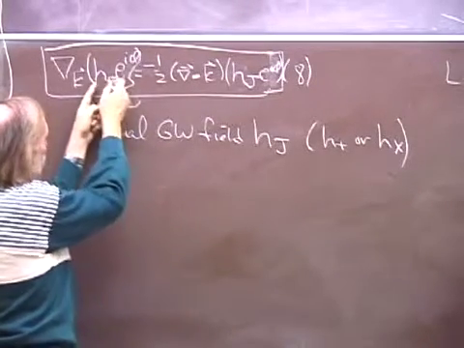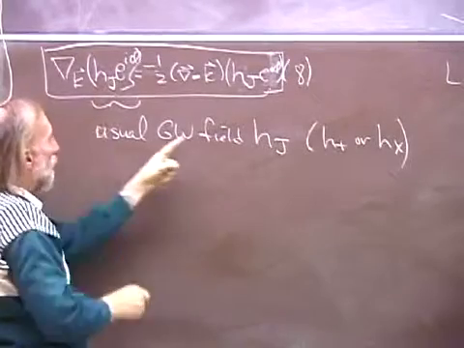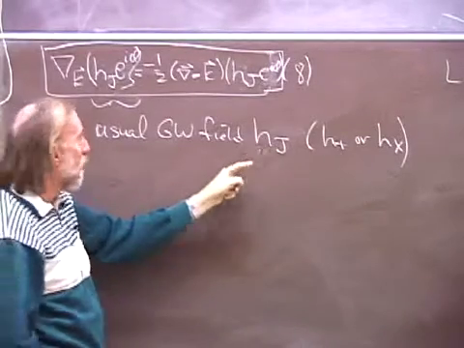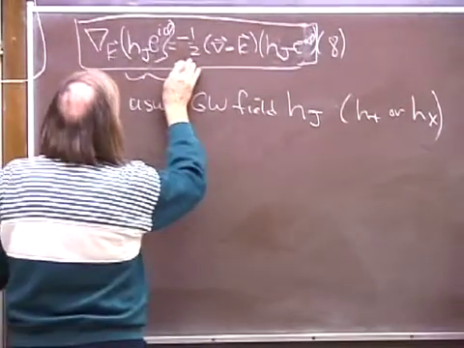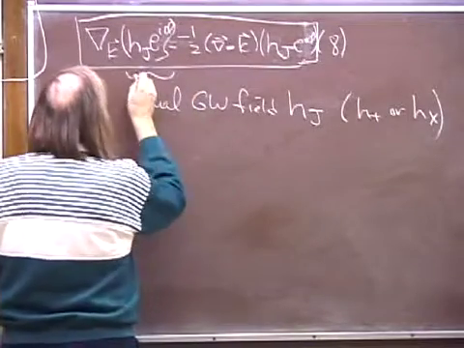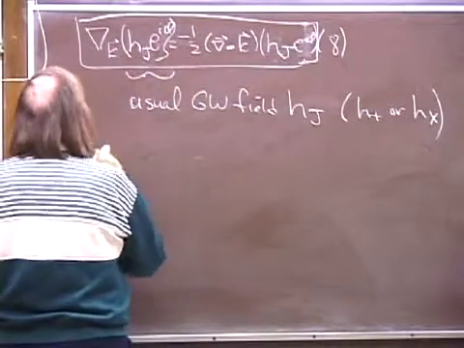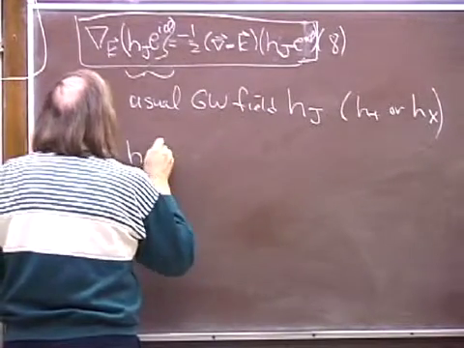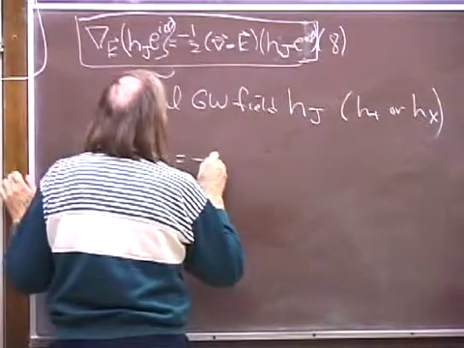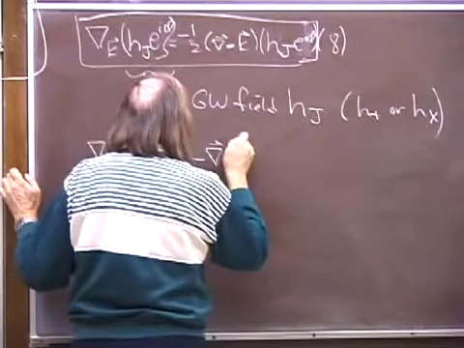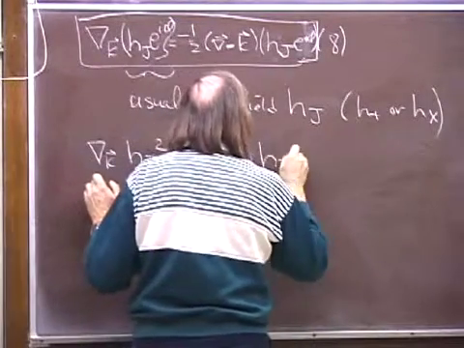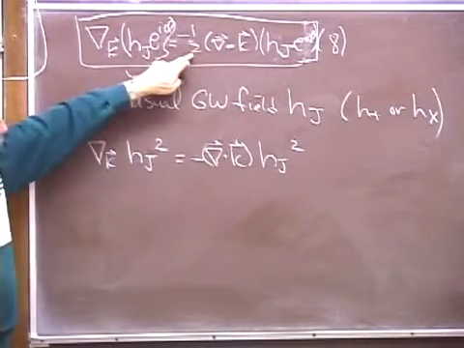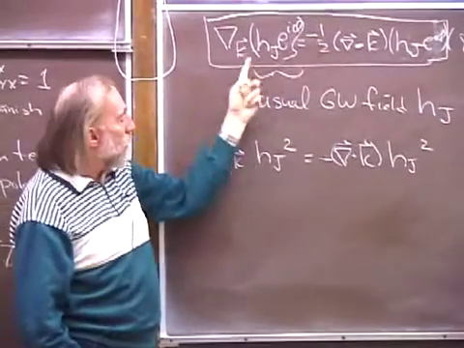I'm going to call this h_j e to the i phi now my h_j. I'm going to reabsorb the oscillating phase factor back into this field. And I want to rewrite this law then by multiplying by h_j itself. I can rewrite this rather easily as the derivative along k of h_j squared is equal to minus the divergence of k times h_j squared. It's the factor of 2 that comes from this derivative that becomes the 1/2 up here. Okay. So that's just equivalent.